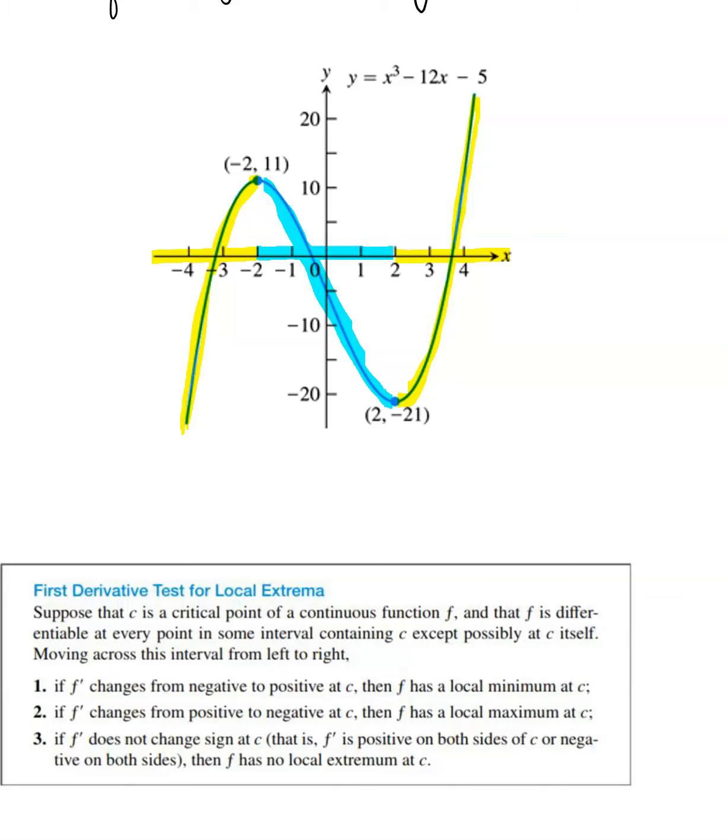If f prime changes from negative to positive at C, then f has a local minimum at C. 2. If f prime changes from positive to negative at C, then f has a local maximum at C. 3. If f prime does not change sign at C, that is, f prime is positive on both sides of C or negative on both sides, then f has no local extremum at C.